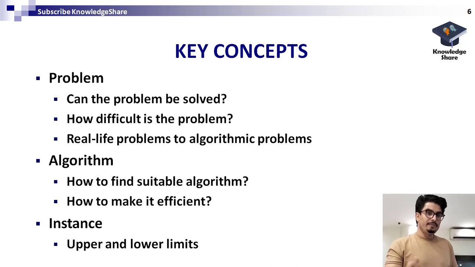So if they design a camera, it must take input from the surroundings, from the view, and it should process. It should not delay. If you click, then it should capture what you want to record, the image or the video. So it must have some upper and lower limit. So here also the algorithm complexity is very important.